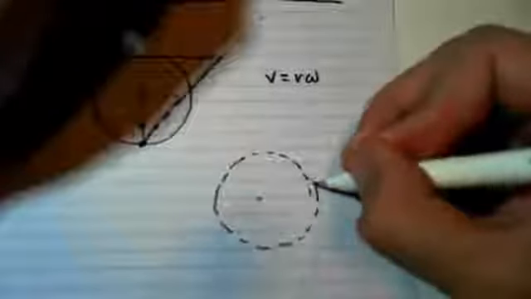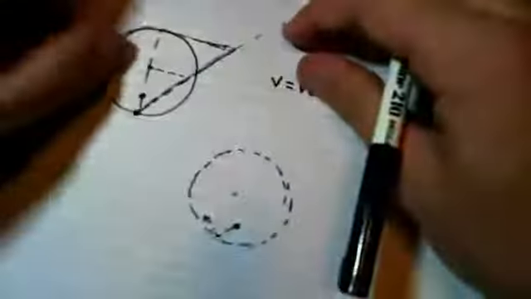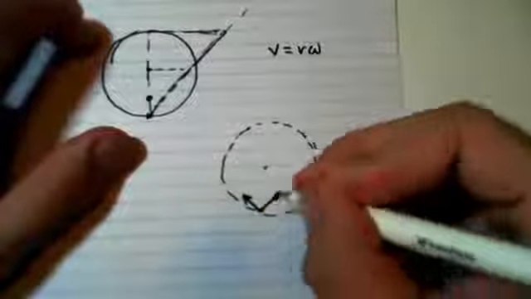I'll draw another wheel in here, and say at a point in time it's fixed to rotate about this point, and we look tangentially, this point here is going to rotate like so. It's going to rotate in this direction here because it's perpendicular.